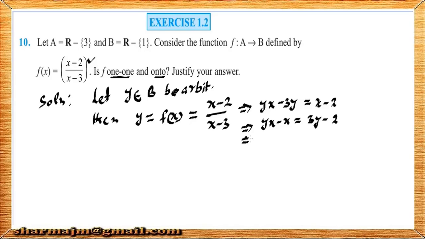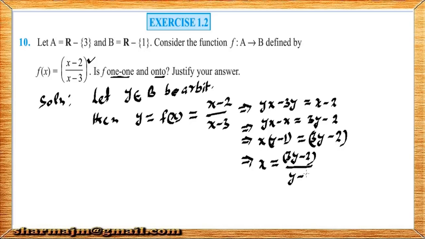You can take x common, so it is (y minus 1) x, that is equal to 3y minus 2. So here x is equal to (3y minus 2) divided by (y minus 1). We can divide by y minus 1 because y minus 1 is non-zero. Here 1 is excluded, so y is not equal to 1.